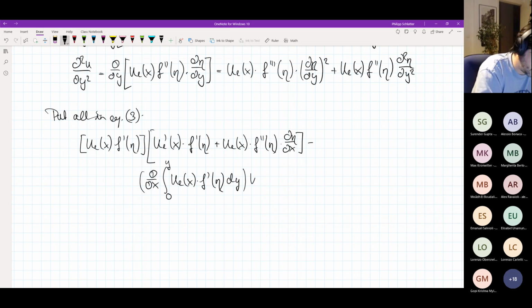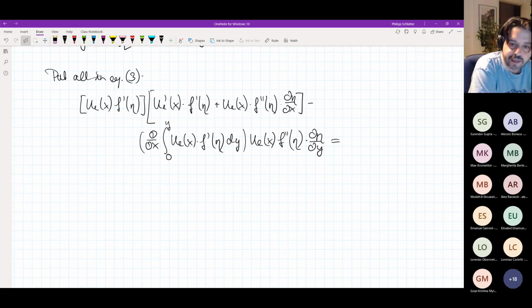And this needs to be multiplied with ue of x times f double prime of eta times d eta dy. Because this should be a double prime here. Just make sure that this is really so. Okay.